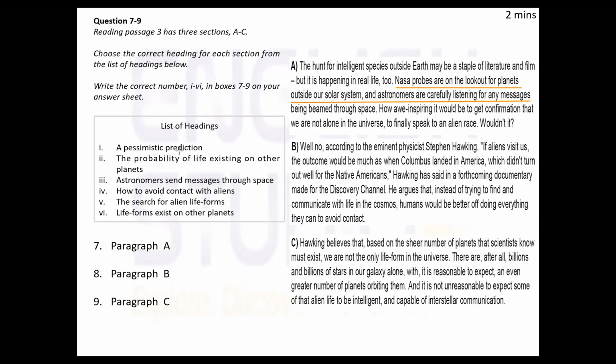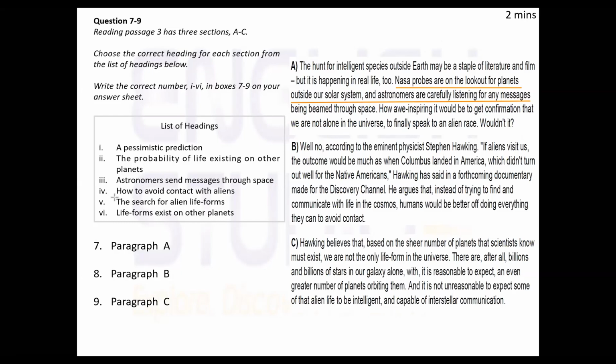If you see this as pessimistic prediction, itu nggak cocok. The probability of life existing on other planets bisa, tapi ini menjelaskan tentang probability of life existing on other planets nggak? Sepertinya enggak. Astronomers send message through space? No. Here it is stated astronomers are carefully listening for any message, not send message. How to avoid contact with aliens?